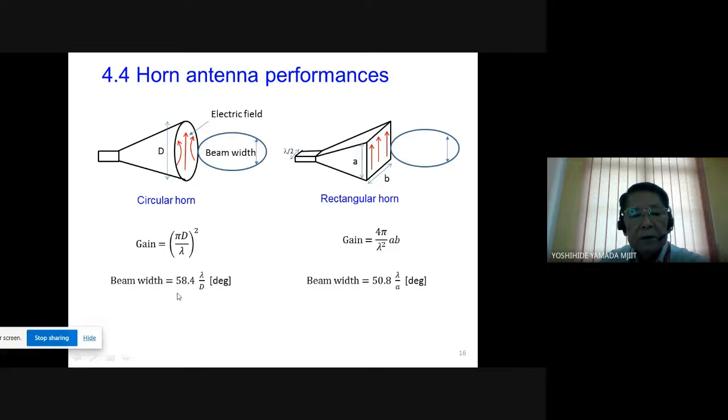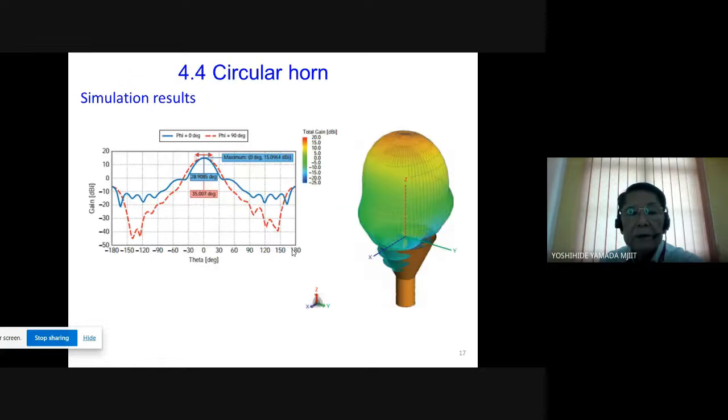This is expressed by wavelength divided by this diameter. In this rectangular horn, it is wavelength divided by this size. This is the horn antenna performance.